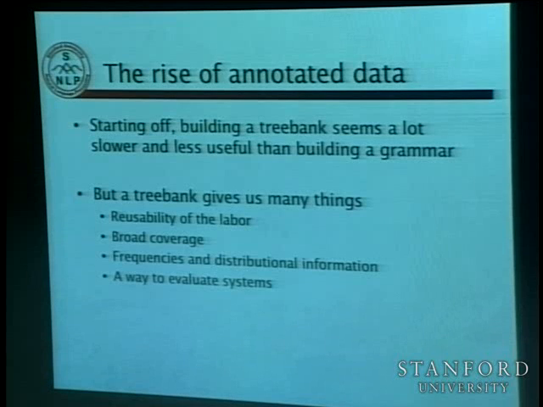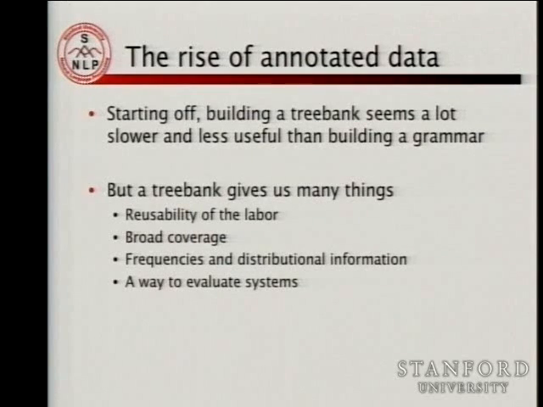Okay. Yeah, so in retrospect, building treebanks has just been a marvelous thing for the field of natural language processing, and it's kind of not clear why it didn't get done two to three decades ago.